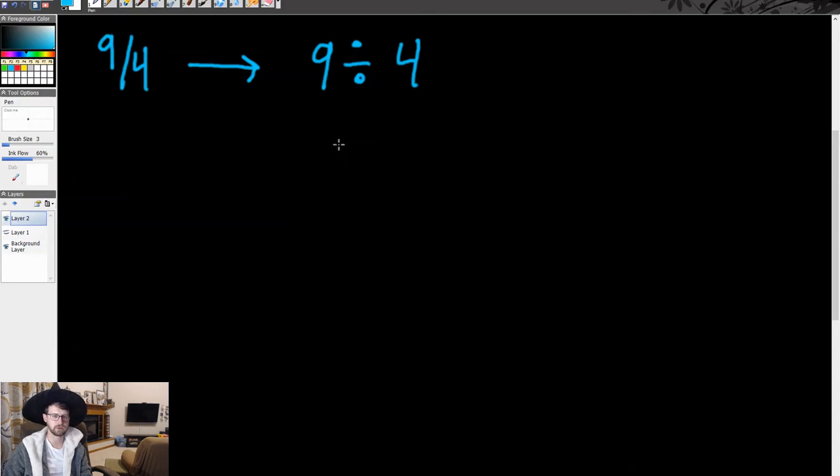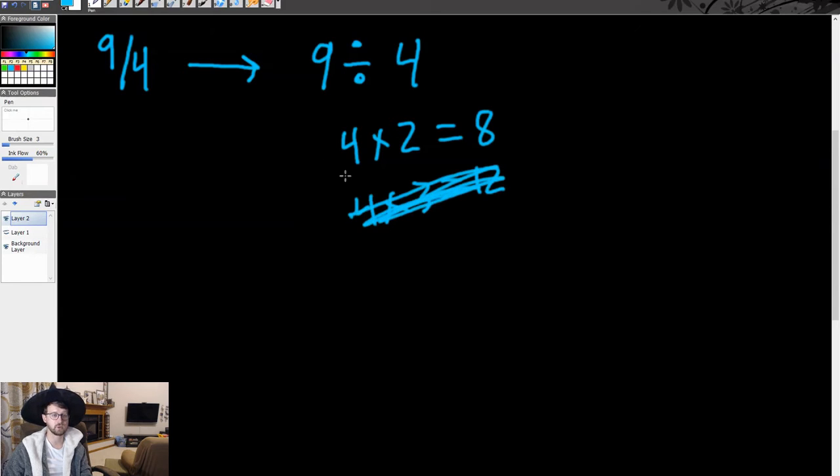Well, I know right off the top of my head, 4 times 2 equals 8, and 4 times 3 gets me 12. That's too much. I don't have 12/4, but I do have 9. So from these 9/4, I'm going to take away 8 of the fourths to make 2 wholes.